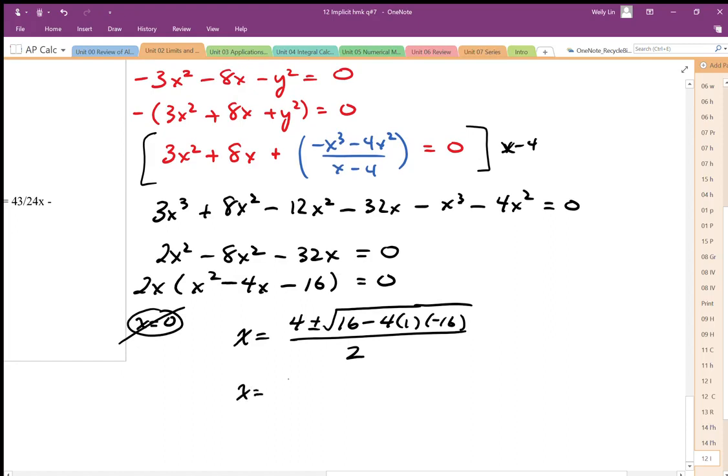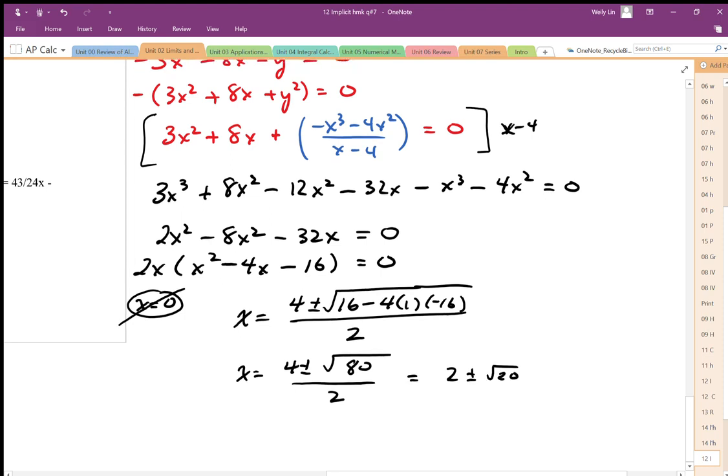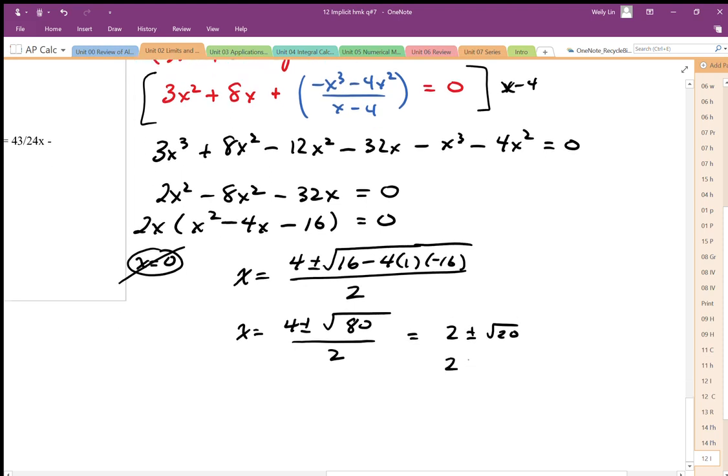This works out to be 4 plus or minus the square root of 64 positive, this is 80, over 2. We can simplify this into 2 plus or minus the square root of 20. Okay, and then this works out to be 2 plus or minus 2 root 5.